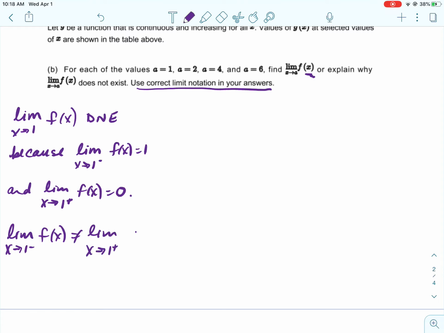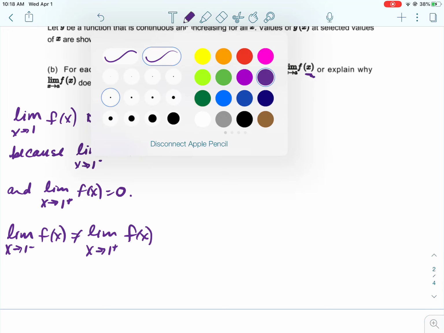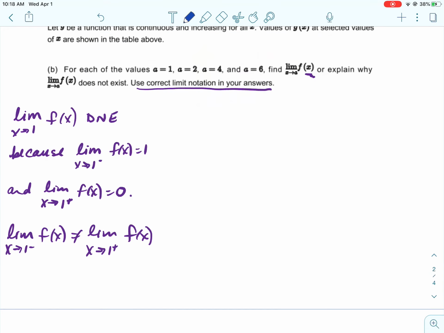And then I would take another second to say that those are not equal. All right, and that definitely covers the reasons.